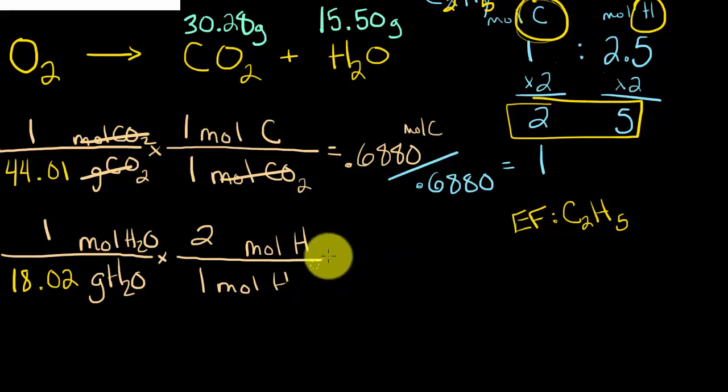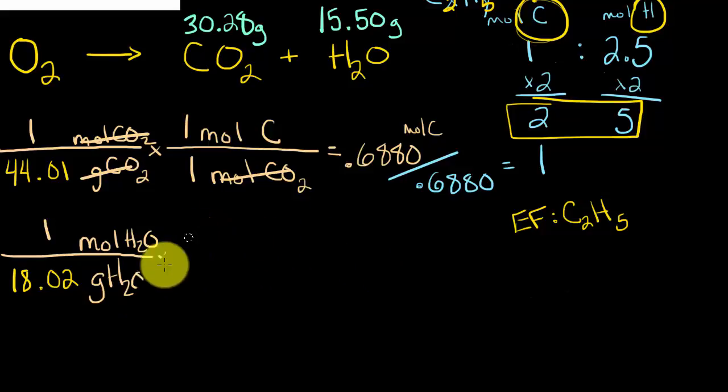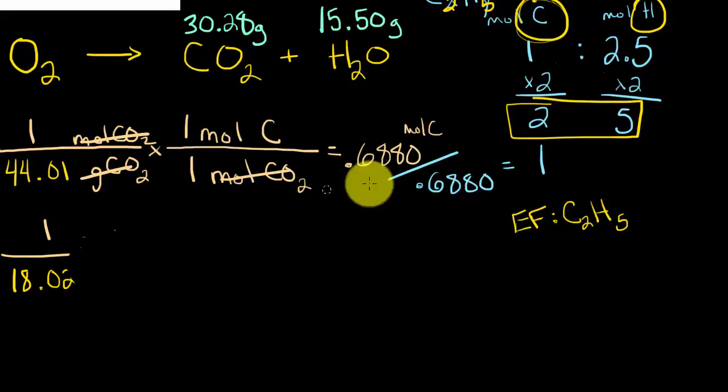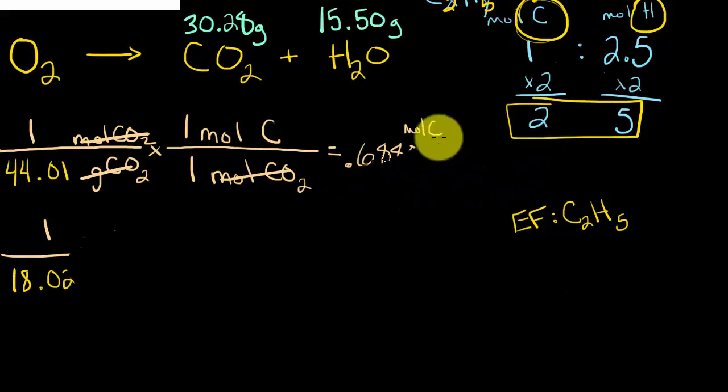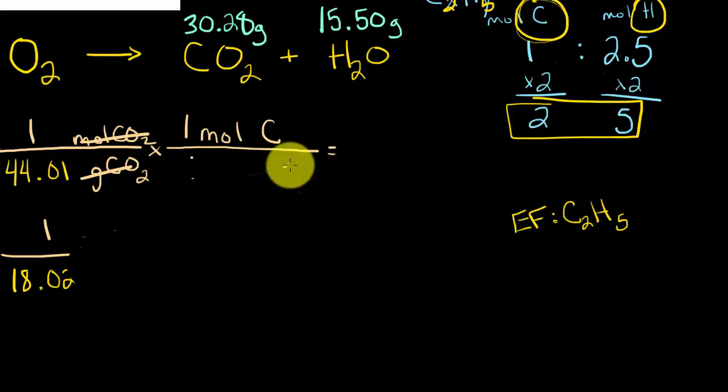And so I'm going to erase a little space right here for us to work, because the last step to get to the molecular formula really isn't hard at all. The molecular formula is some whole number multiple of our empirical formula, and that could include 1. We may find that the molecular formula is the same as the empirical formula, but if it is not the same, it is some whole number multiple of the empirical formula. And so the way that we figure this out is we go back to our problem.